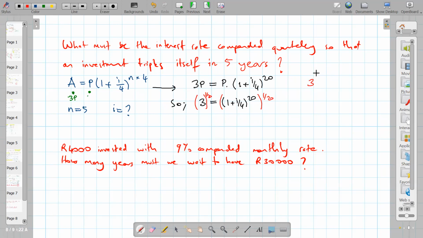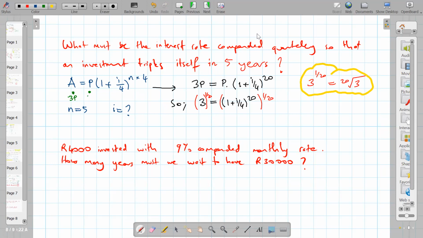Because basically 3 to the power of 1/20 is the same as the 20th root of 3. It is the same thing. So taking the 20th root of 3 is the same as 3 to the power of 1/20.